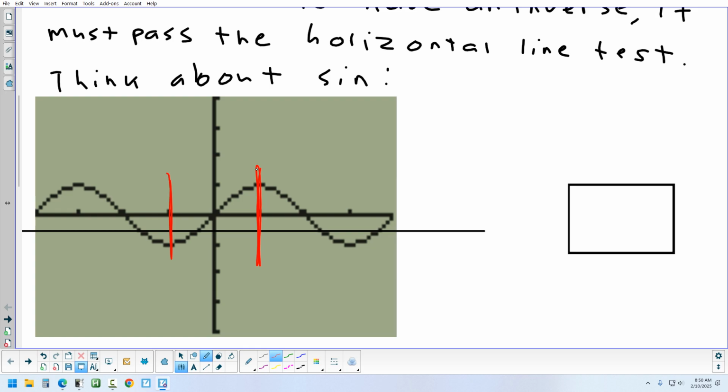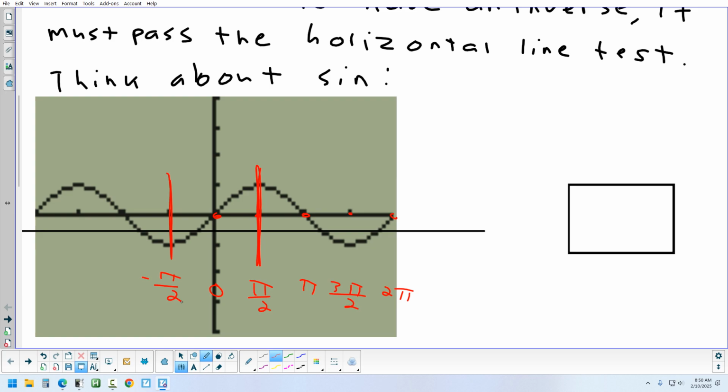Does anybody remember, if we look at these tick marks right there, how much is each tick mark on that graph worth? Each tick mark is pi over 2. So that's 0, pi over 2, pi, 3 pi over 2, 2 pi. And going back this way, that's as far as we need to go.